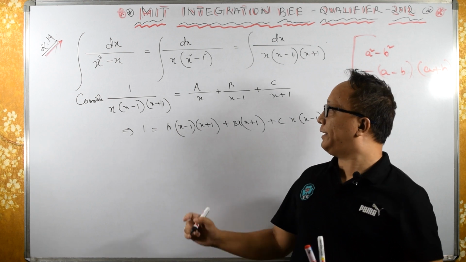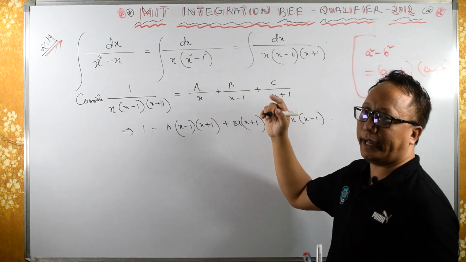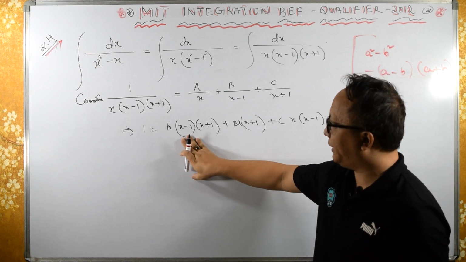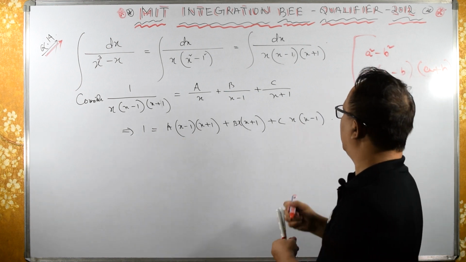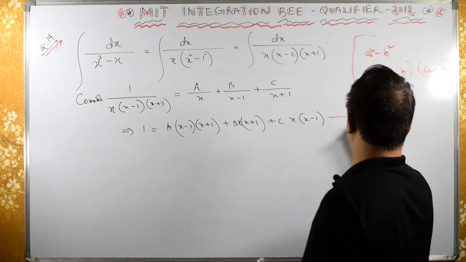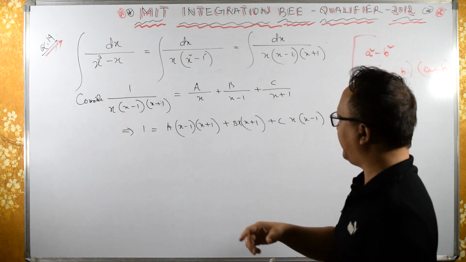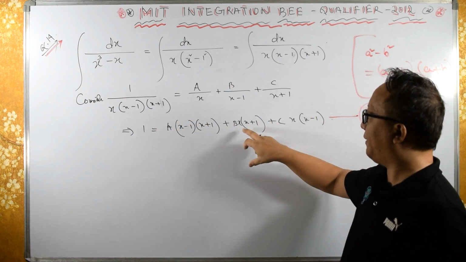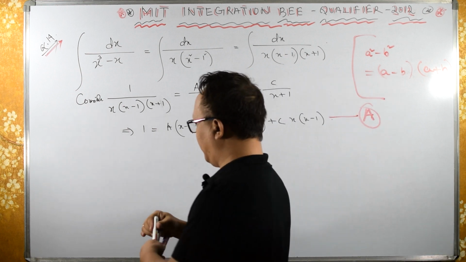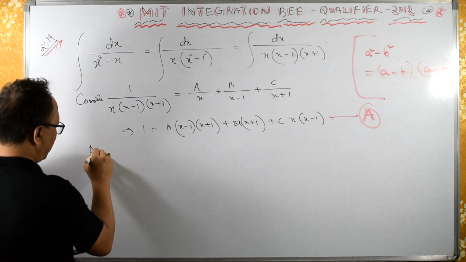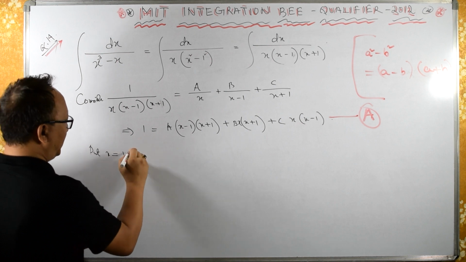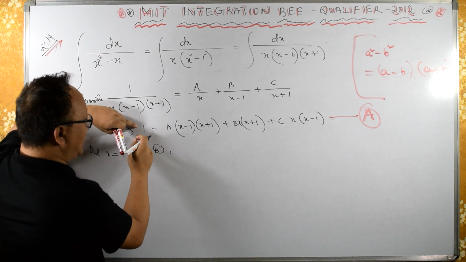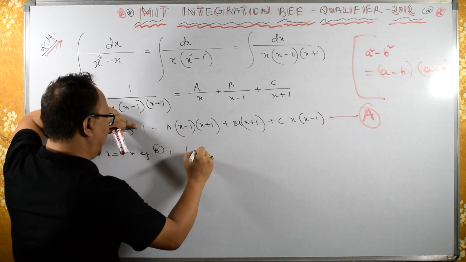Now our aim is to find these arbitrary constants A, B and C. Let's say this is equation A. Now if I substitute x equals 1 in this equation, the A term gets 0 as well as the C term gets 0, so I will get the value of B. The left hand side is a constant, so it doesn't affect anything.